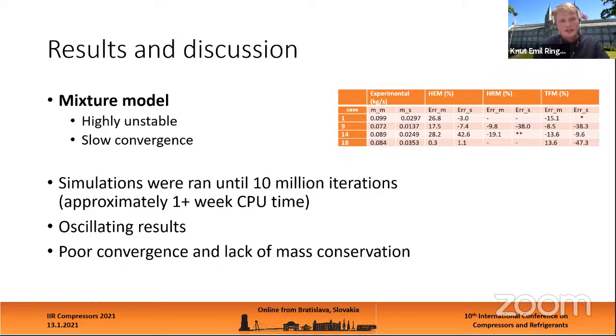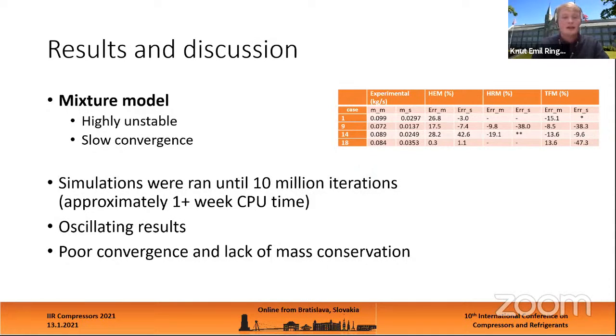The third model is the mixture model. This one, as has been shown in the literature from previous works, is typically very unstable and can quickly explode, let's say, and is also associated with very slow convergence. For our case, we ran simulations up to 10 million iterations, which is more than 1 week of CPU time.